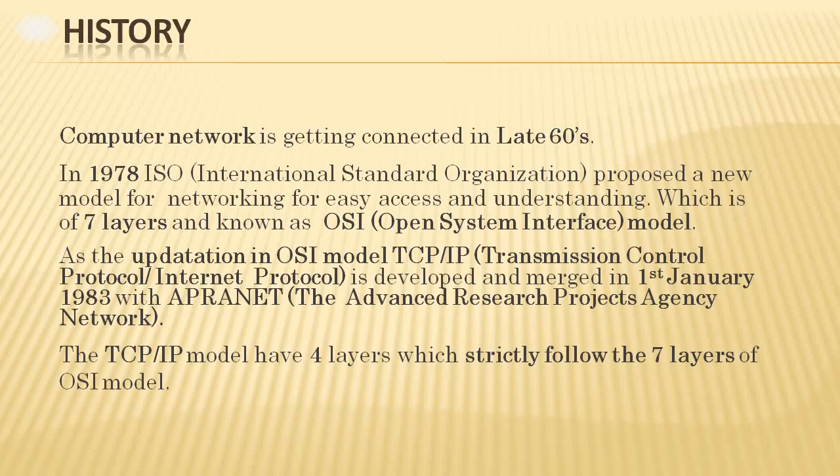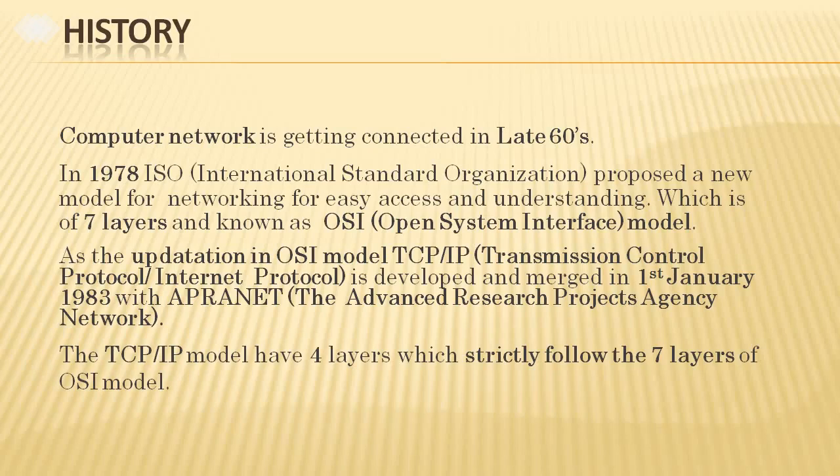As an update to the OSI model, TCP/IP, the Transmission Control Protocol and Internet Protocol, was developed and merged on 1st January 1983 with ARPANET, the Advanced Research Projects Agency Network.